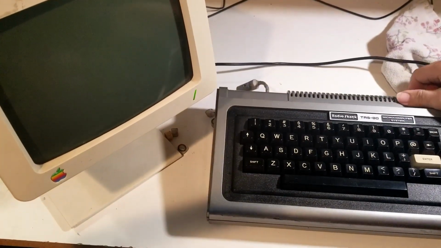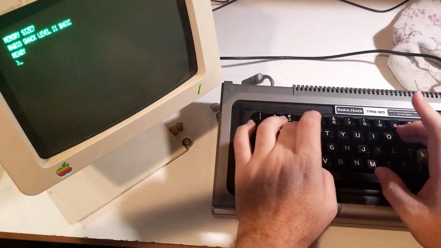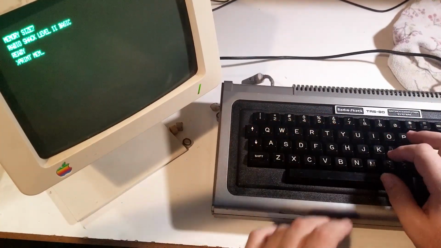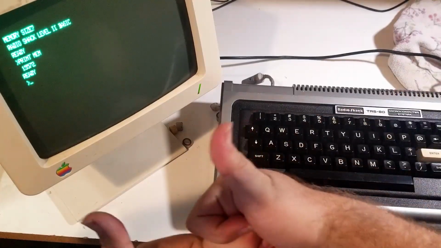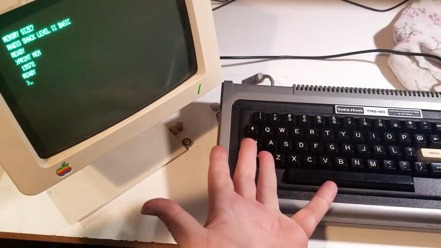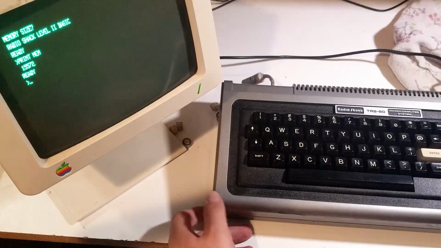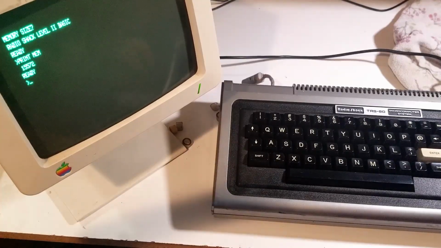Cross our fingers. And that there is one repaired TRS-80 Model 1. Whew. Man, my hot take is these things suck to take apart, and especially to put back together when they have a ton of wires hanging off them.